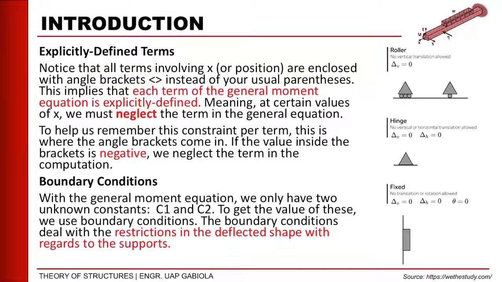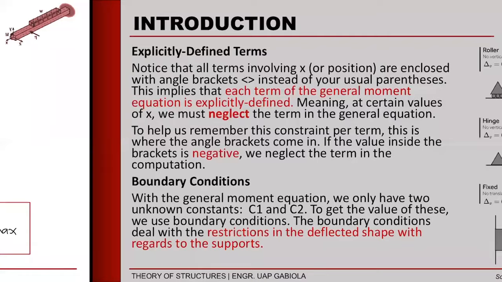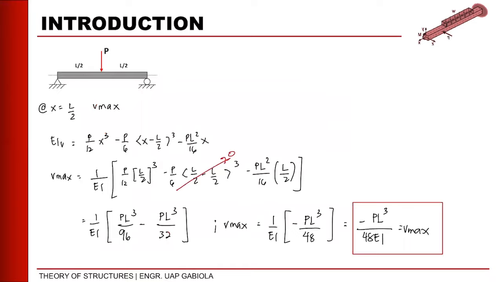Ang ini-imply nun is each term na merong angle bracket is a value for a particular segment lang na kapag daw naging negative yung value natin, we neglect yung term na yon in the computation. Okay?